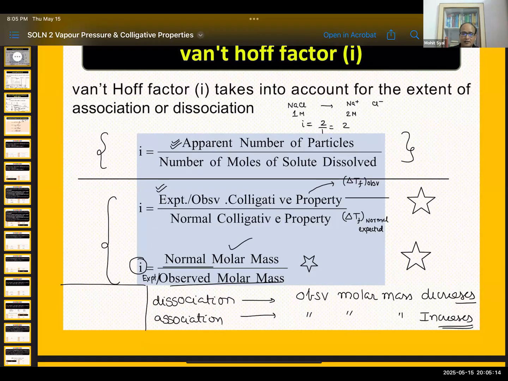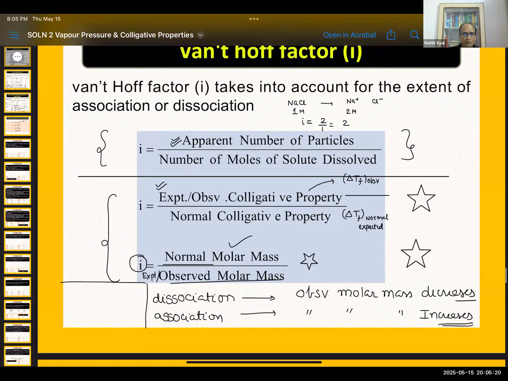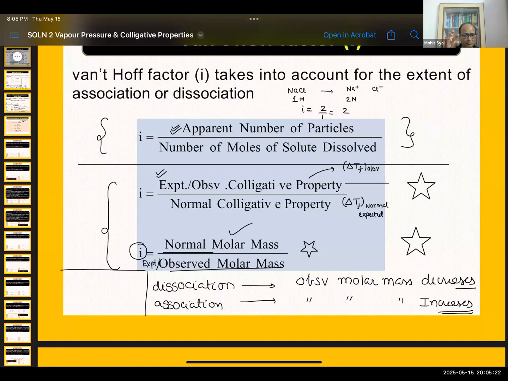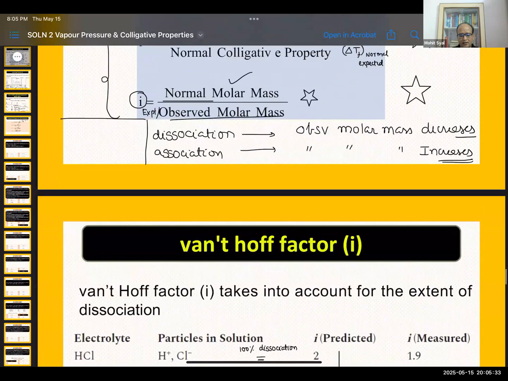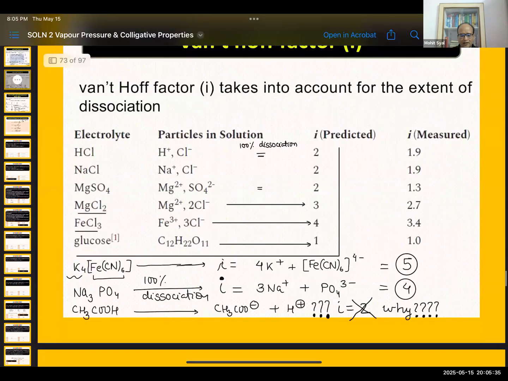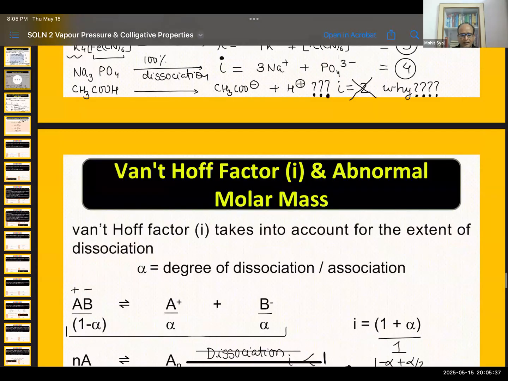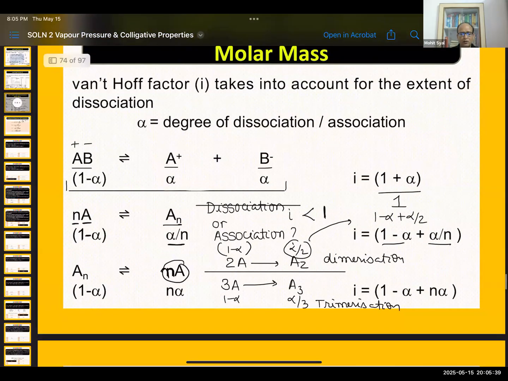The next thing is that I is inversely proportional to molar mass. So the observed molar mass is going to come in the bottom, and the original molar mass before association or dissociation is going to come in the numerator. Okay. So this is what we discussed in the last class. For electrolytes which do not undergo complete association or dissociation, you need to take alpha into account.